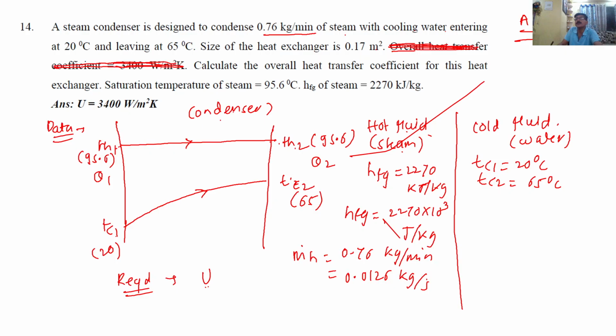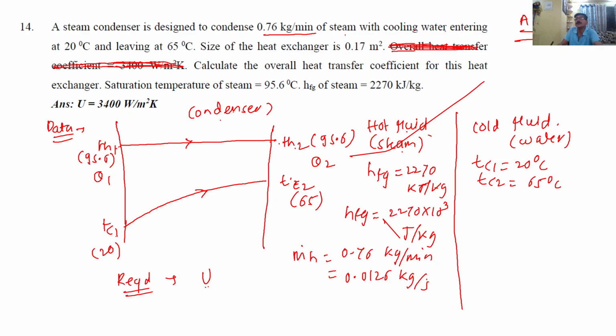I know epsilon. Epsilon is 0.3350. I know it. 0.3350 is equal to TH1 minus TH2 over TH1 minus TC1. What is TH1? 150. TH2 is unknown.